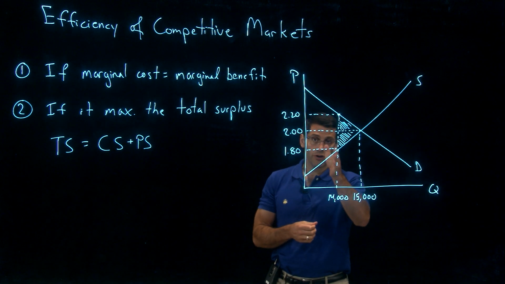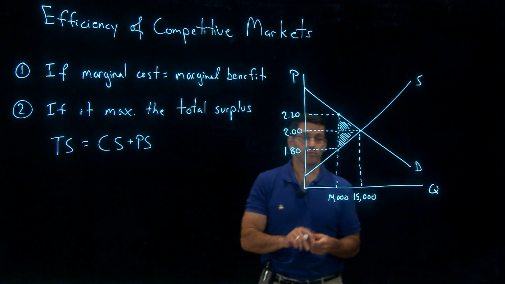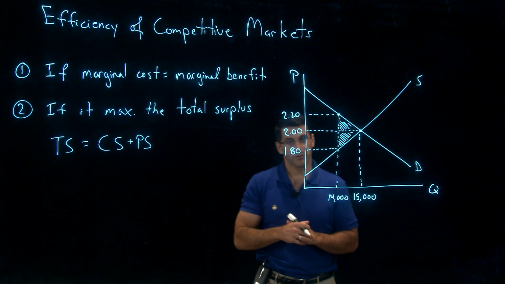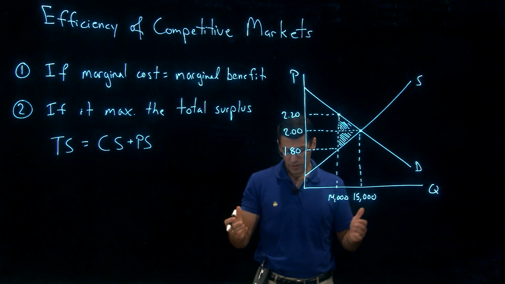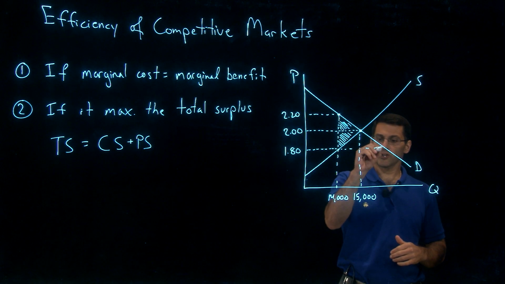And so the market should keep producing up until that 15,000th latte, which is just where that willingness to pay or marginal benefit is equal to the marginal cost. You get the same thing if you go too far in the other direction.